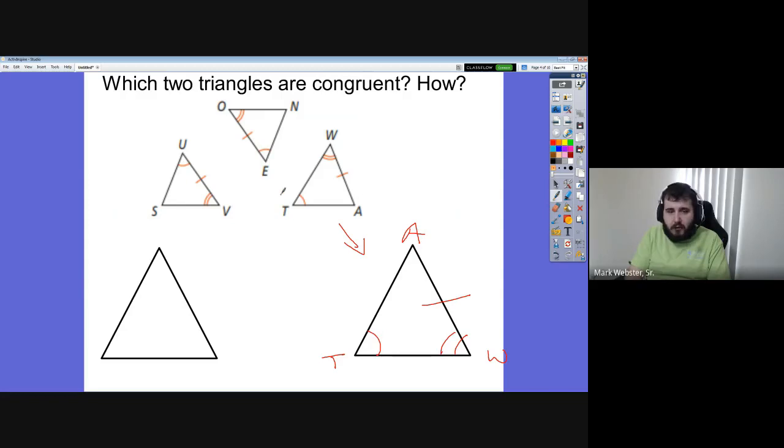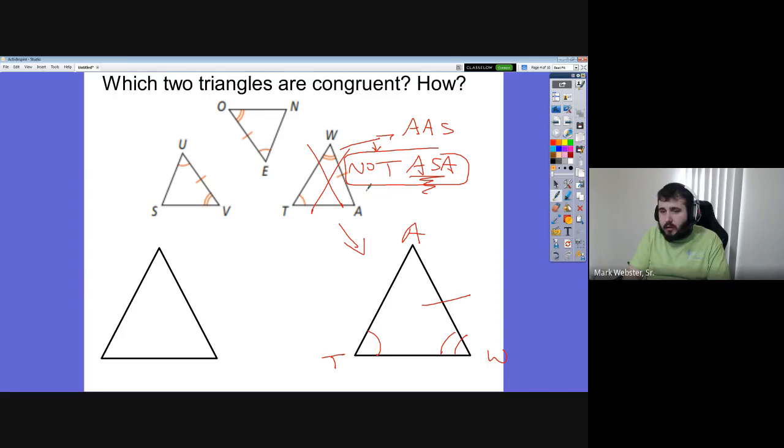The other two triangles, if you notice, have the side in between the two angles. Here it's not. This is not angle side angle. This is set up to be angle angle side, which is fine, but it's not what we're doing.